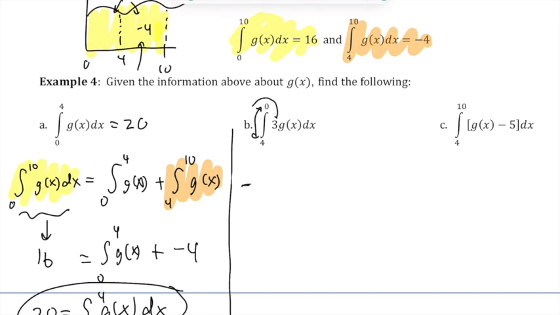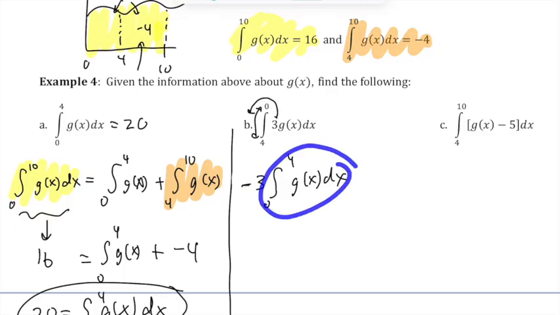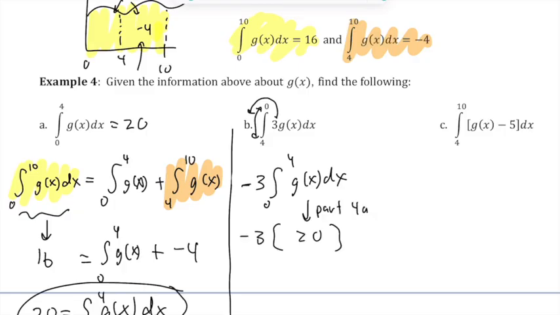And then I'm going to pull out my 3 outside. So this is going to be a negative 3 times the integral from 0 to 4 of g of x dx. Now, we know that this value is equal to 20 from part A. And so my integral is now negative 60.